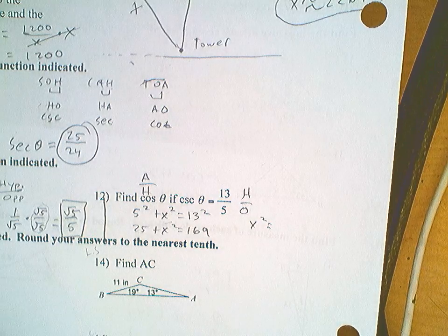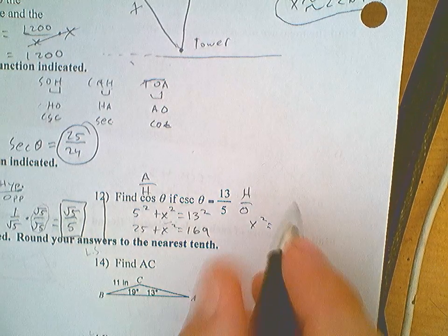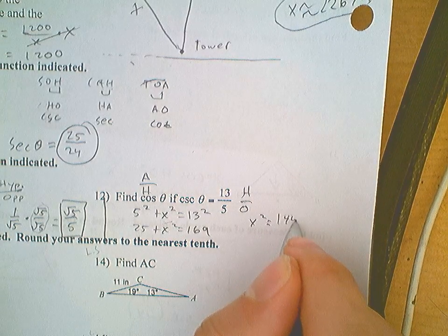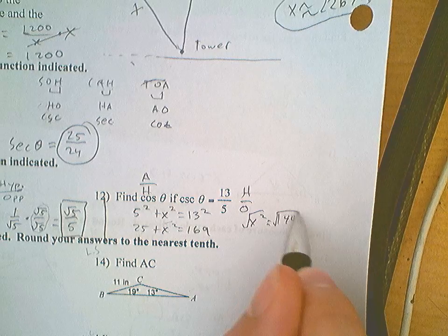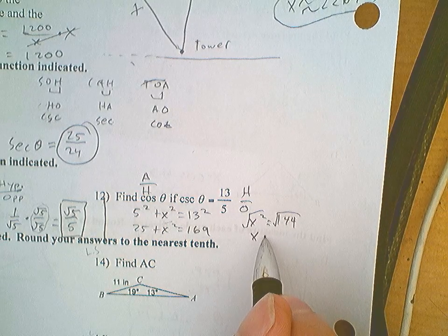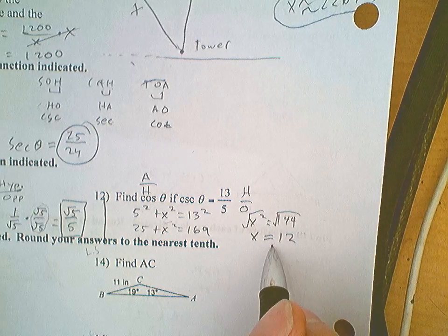Subtract 25 from both sides, and we get 144. Take the square root of both sides. We get x equals 12.